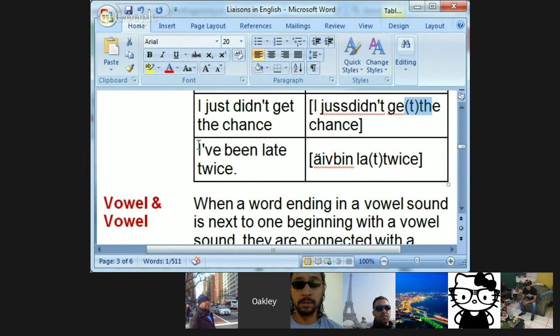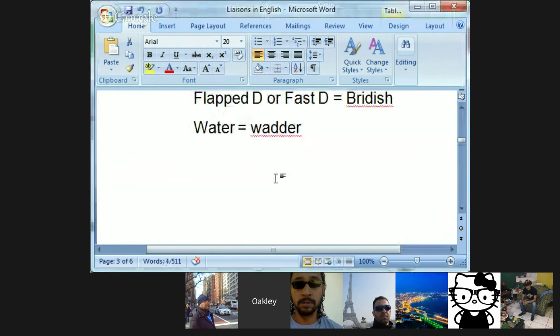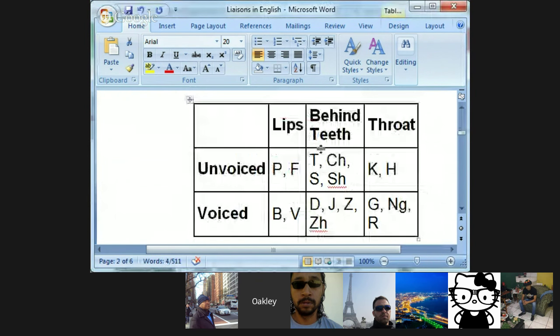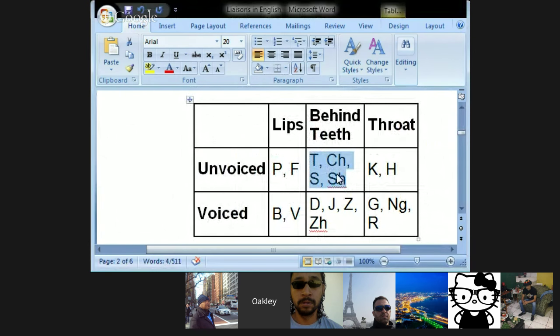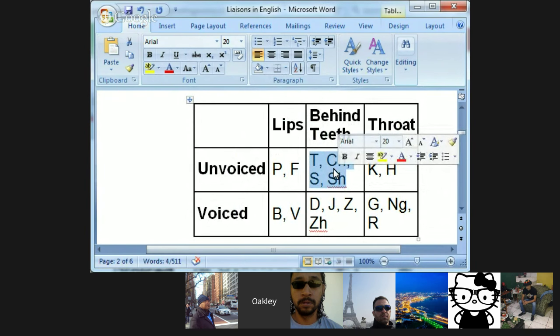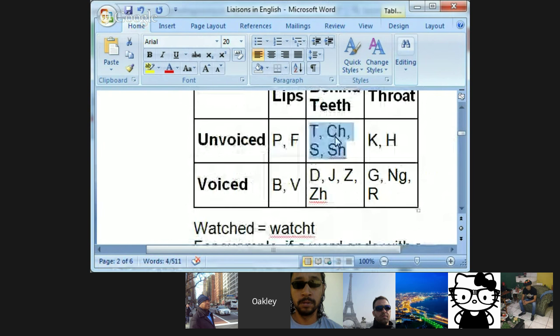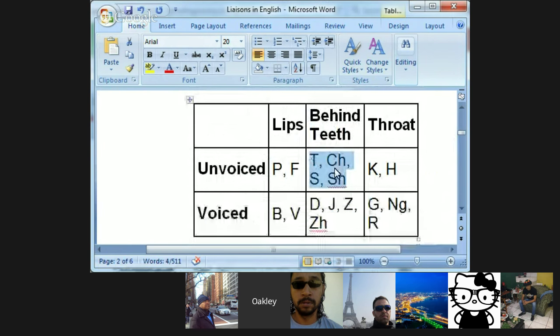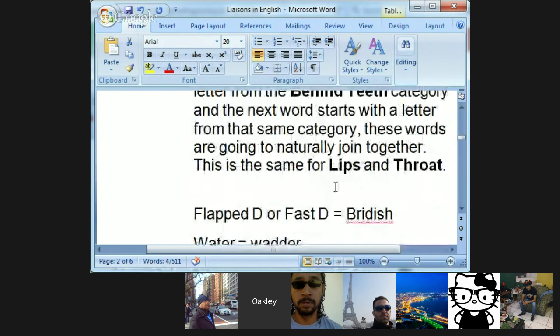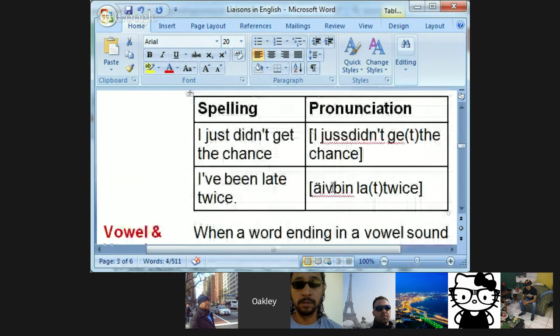It's interesting because T and TH, as we just noted, are physically very close, behind-the-teeth sounds. Although I could argue TH is really on the teeth, but all right, whatever, close.